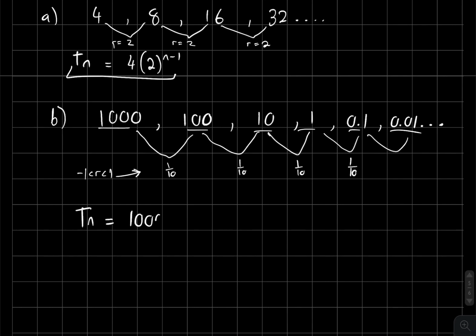First term is 1000. R is 1 over 10 to the power n minus 1. Simple as that. That's how you find the general term of a geometric sequence. As long as you have the first term and the common ratio, you can find the general term.